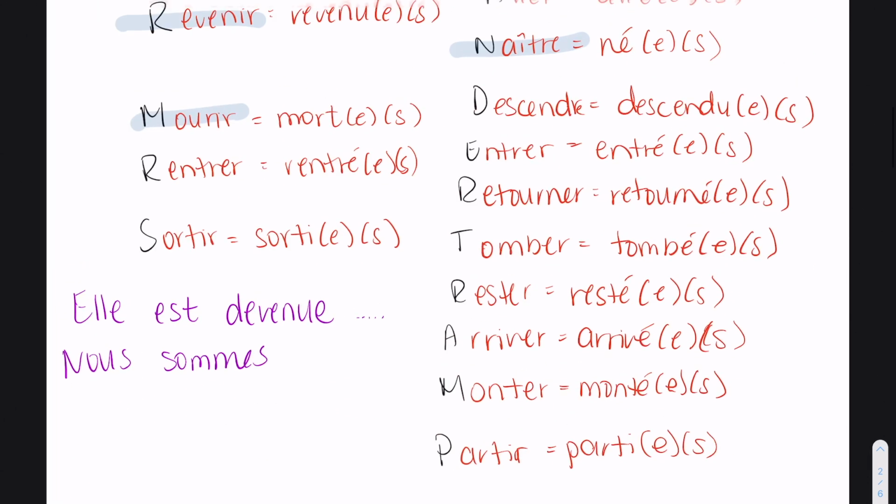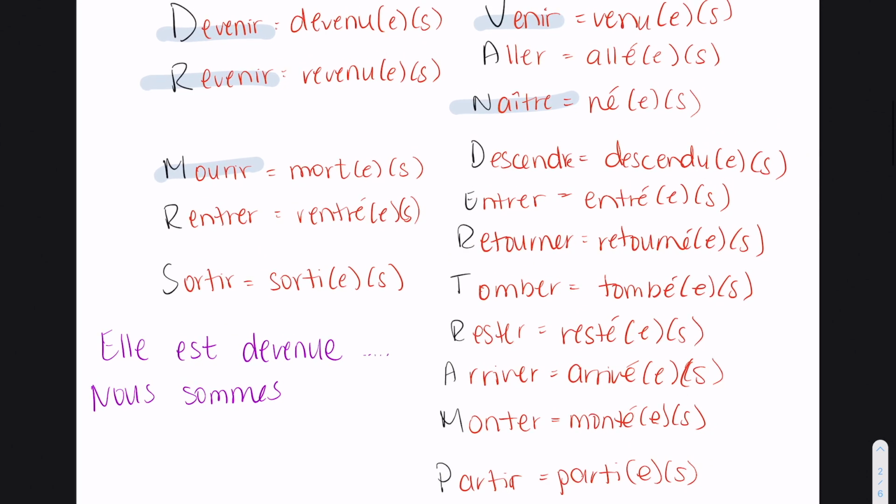And then we take a look back at our verb revenir. We say, okay, revenu is what it turns into. But let's say that these are going to be a masculine group here. I know that for sure it's plural, so I have to also add an S onto the end. Okay, so nous sommes revenus. We came back yesterday. Okay.